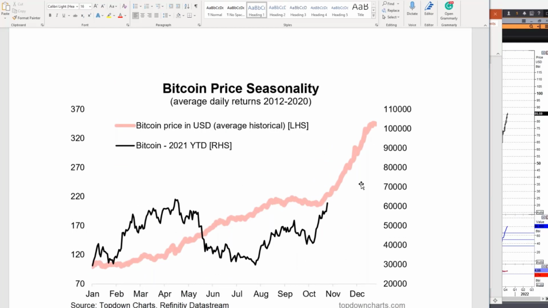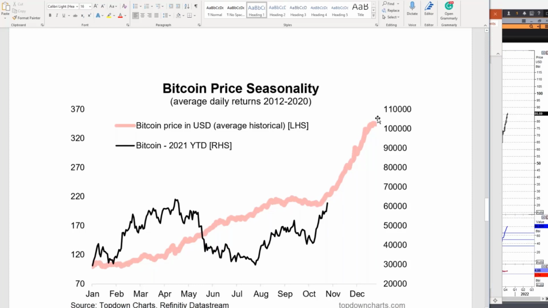I should have shown you this before, but this is the same chart for cryptocurrencies, incidentally. We haven't got the same amount of history, but I've averaged this from 2012 to 2020. This is the average seasonality of it. Once again, the strongest period of the year, and you can see how clear this is, and there are no exceptions, like 2009, the global financial crisis or anything like that.